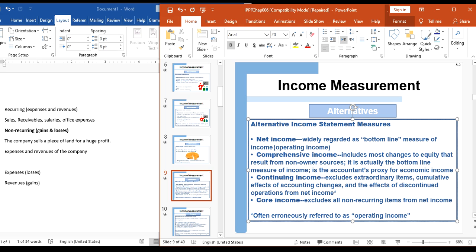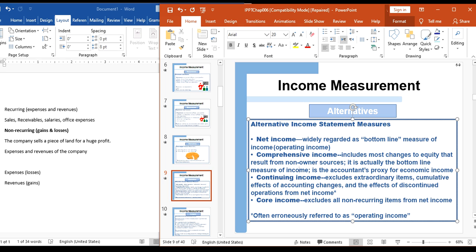Comprehensive income includes most changes to the equity resulting from non-owner sources. This comprehensive income actually is equivalent to economic income. We've been through it in the previous slides. So those are mentioning the net change in the equity of the shareholders.